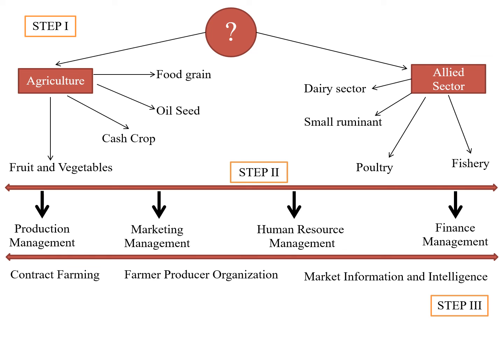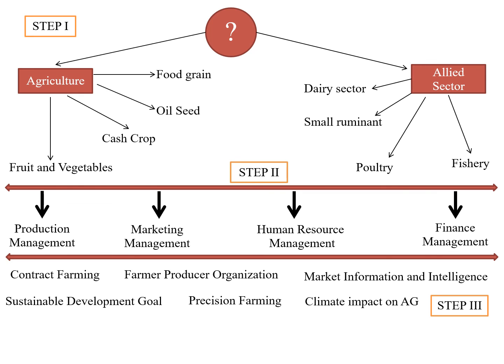You can also do research in the line of market information and market intelligence. You can also do research in the line of the sustainable development goals. If you bifurcate the sustainable development goals, you know that they are also connected with life below water, gender mainstreaming, and poverty. These subjects also come in the line of sustainable development goals.